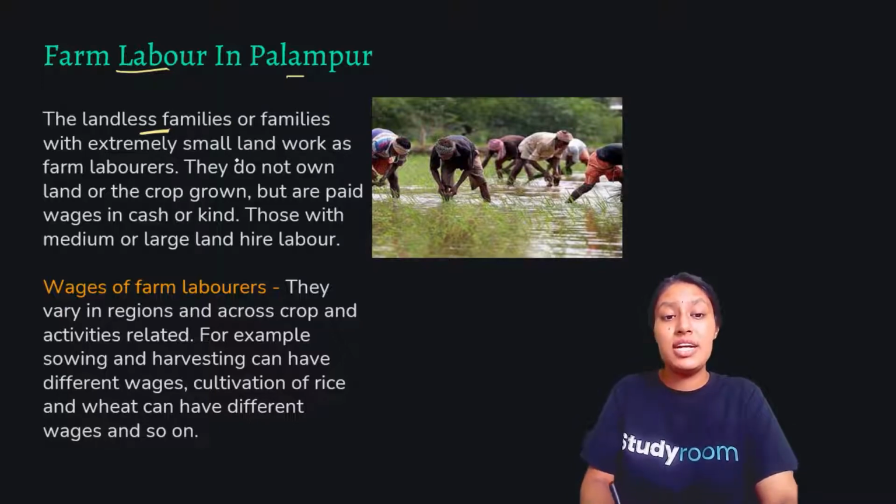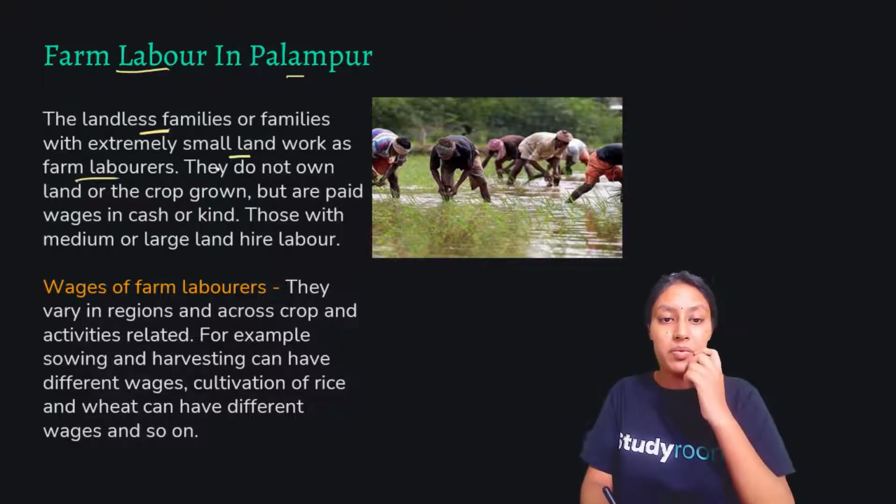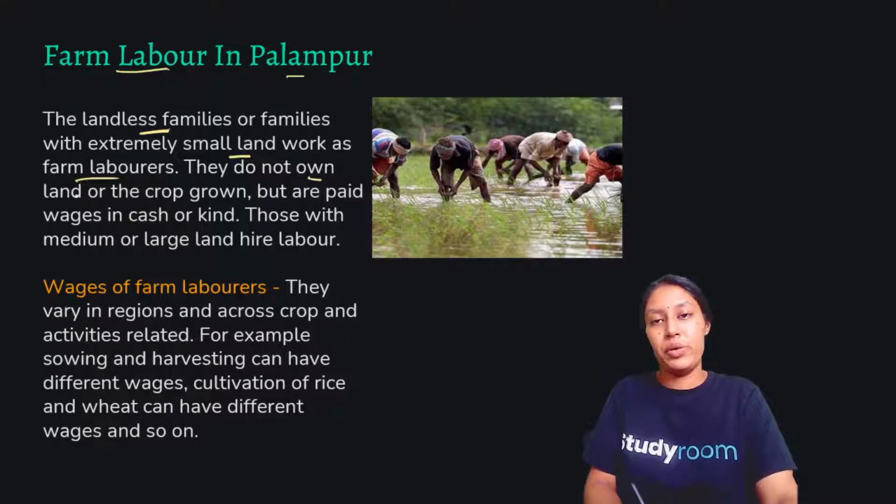So these are landless workers, or have small land and work as farm laborers. They work on other farms as farm laborers. So they do not grow their own crop on their own land.